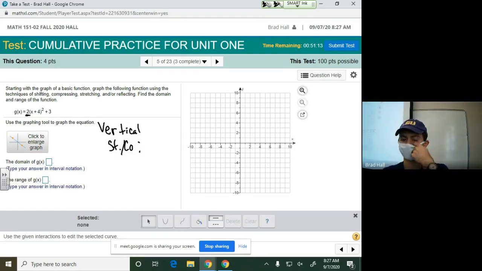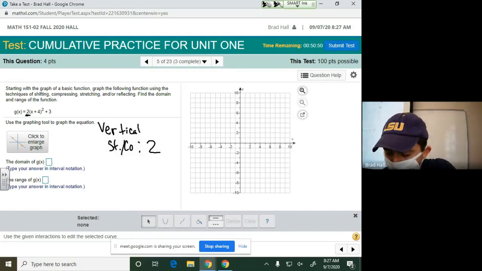That's this 2. So naturally, that would be the stretch or compression. In fact, you don't even have to tell which one it is. Now it is a stretch, but as long as you put 2 in for the vertical stretch or compression part, it'll do it for you.